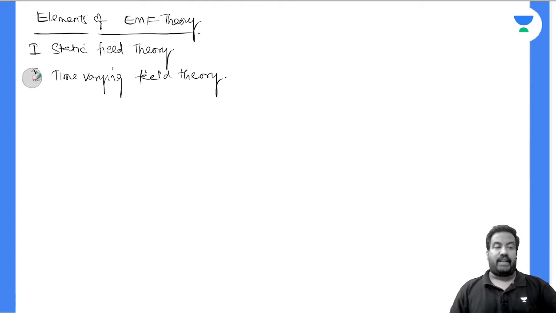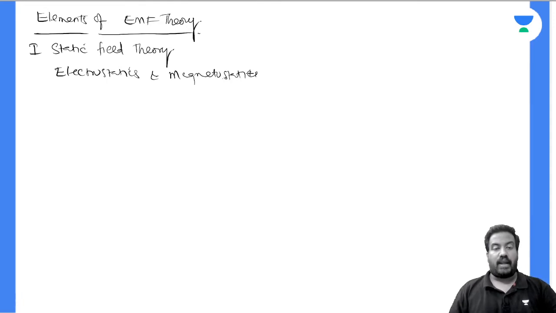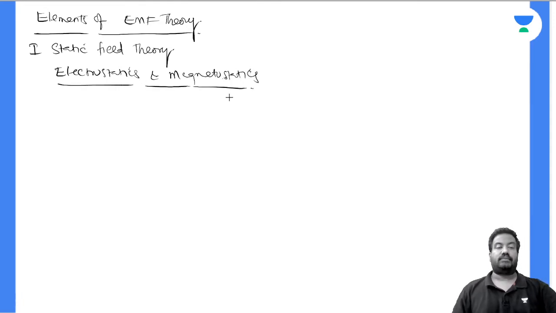Under static field theory, we discussed electrostatics and magnetostatics. Electrostatics is basically the study of static charges, and magnetostatics is basically the study of charges moving with uniform velocity.